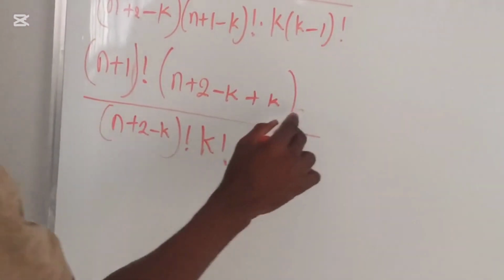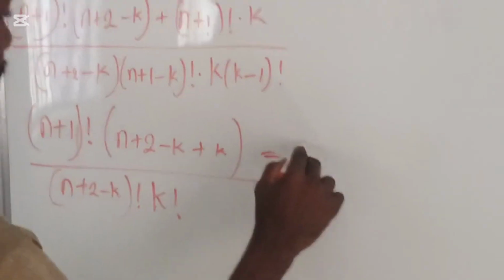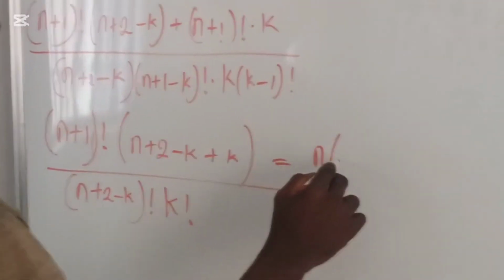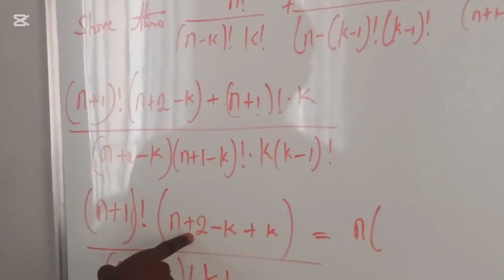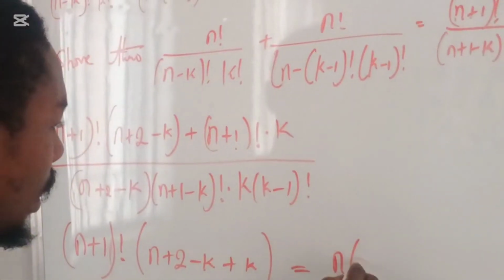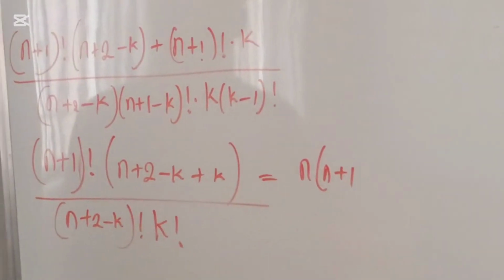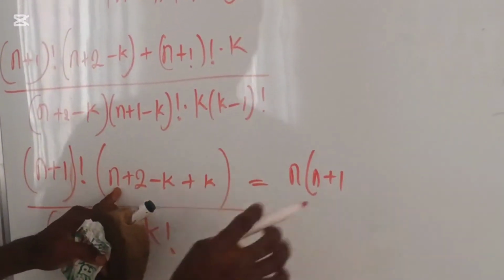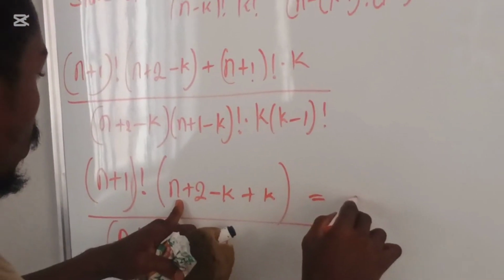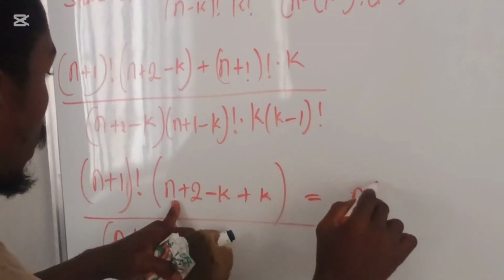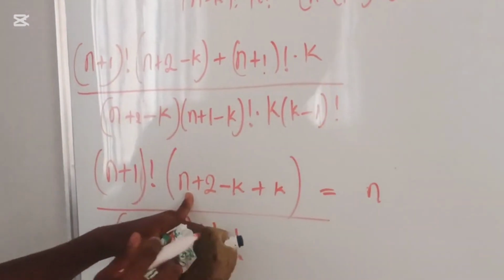So now, okay, this is equal to n into n plus 1. What I have is n into n. Did I make a mistake?